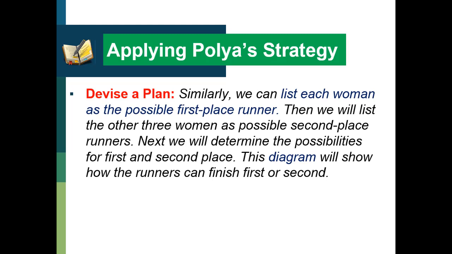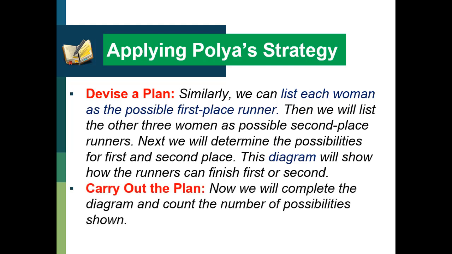Now, as an extension of devising a plan, similarly, we can list each woman as the possible first place winner. As what I have said earlier, then we will list the other 3 women as possible second place runners. Next, we will determine the possibilities for first and second place. This diagram will show how the runners can finish first or second.